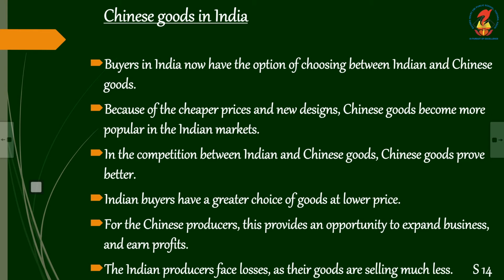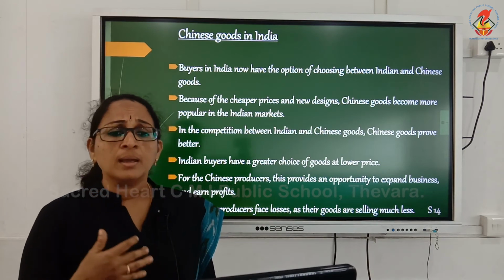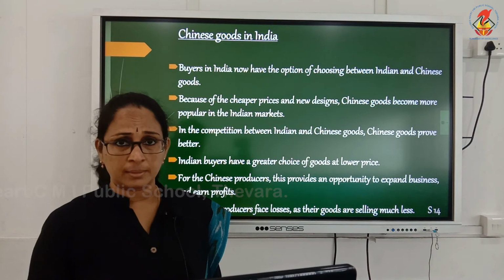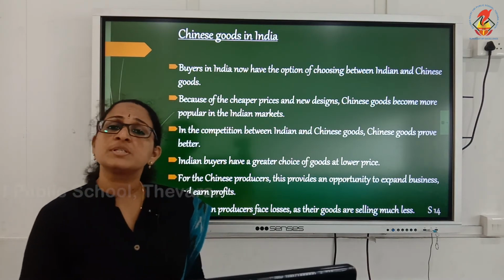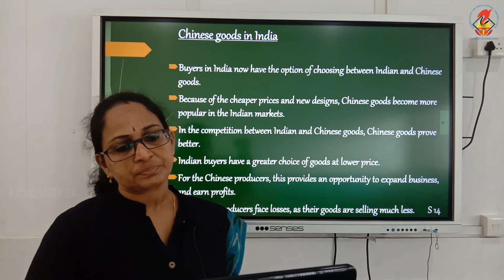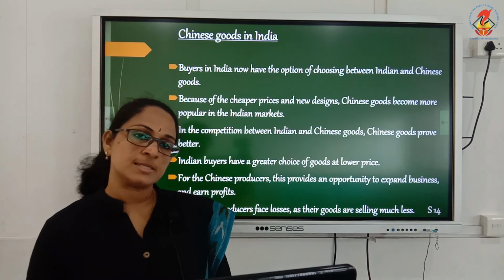We know they are using new technologies and designing. I think they are spending more money on designing their products. Quality may be low, but on designing they are spending more money. So due to that, they have high demand in the Indian market. In the competition between Indian and Chinese goods, Chinese goods prove better, and Indian buyers have greater choice at lower prices.